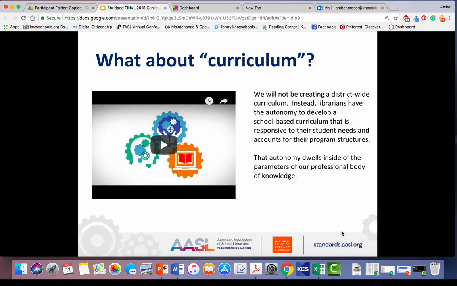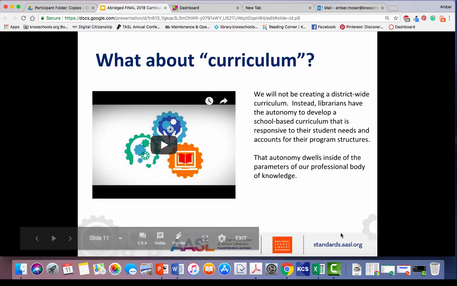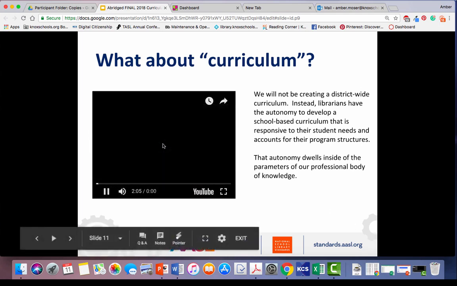So as we're talking about standards, curriculum, and objectives, make sure that you are queuing up in your mind the precise definition for each of those. I think that'll make the conversation a little less cloudy. Now, speaking of curriculum, let's see what AASL has to say about these standards and a curriculum.